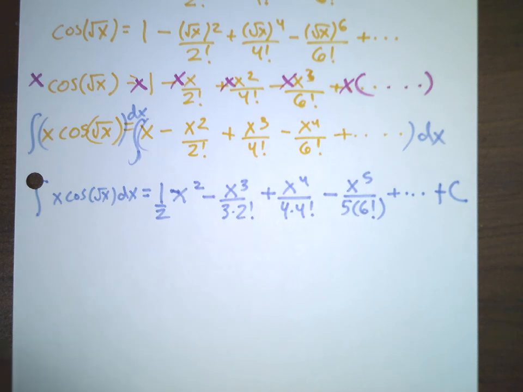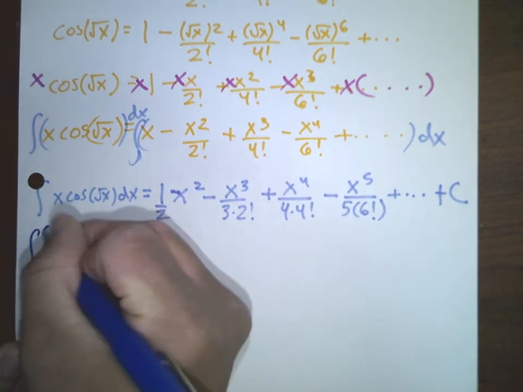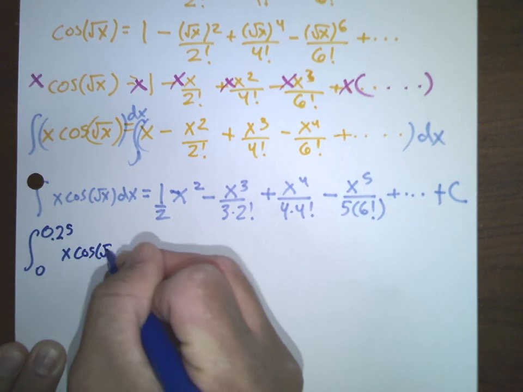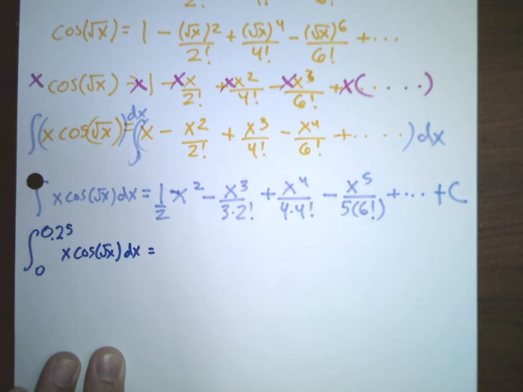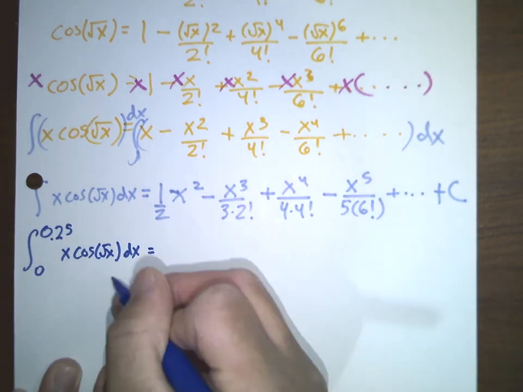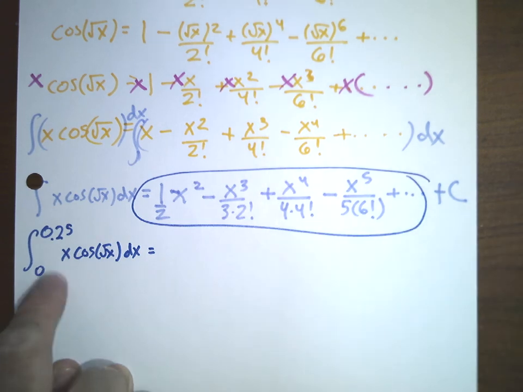But then if I want the integral from 0 to 0.25 of x cosine of the square root of x dx, then what will this end up being? Well, evaluate this from 0 to 0.25.